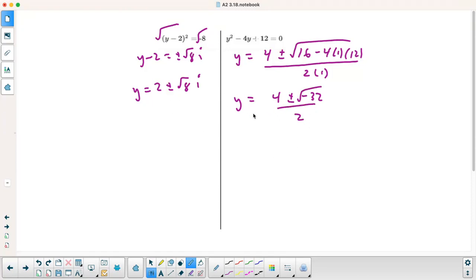So here's where you get these numbers. They don't look like they match up, so we have to do some simplifying. So I'm going to make the negative an i. I rewrite the 32 as 16 times 2. I'm going to split up my denominator. Square root of 16 is 4.